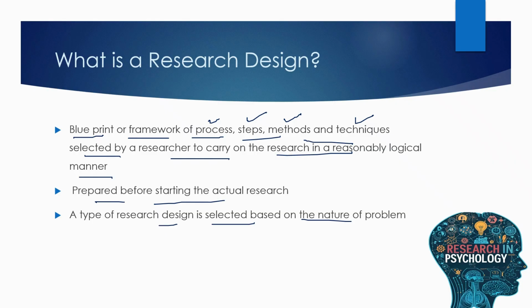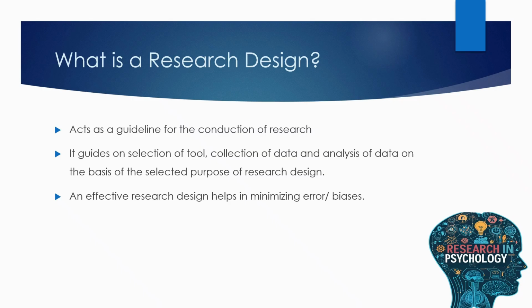Now, the research design acts as a guideline for the conduction of research. After you prepare the research design, it will be easy for you to proceed with the whole procedure, because you will have every step noted down: what needs to be done first and what comes after, and what are the techniques to be used in each step. You will have all the blueprint ready with you, so it would be easy for you to proceed with the research.